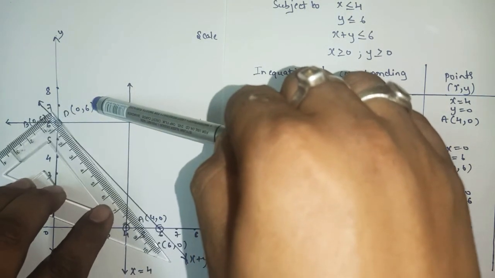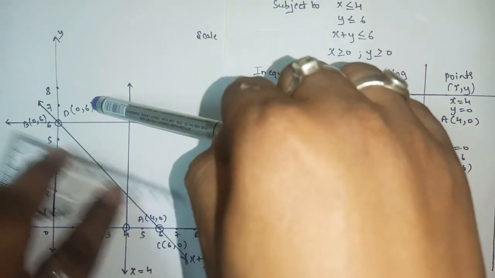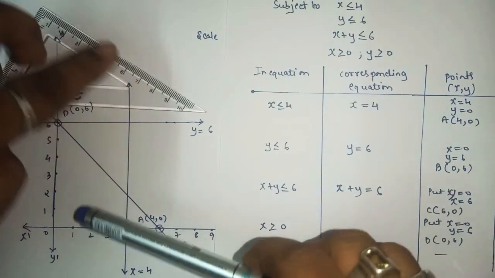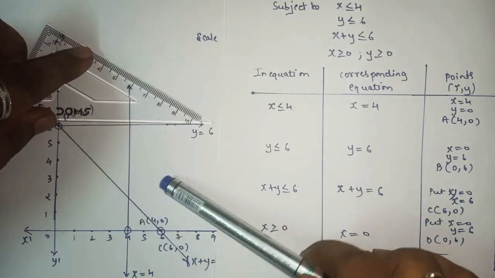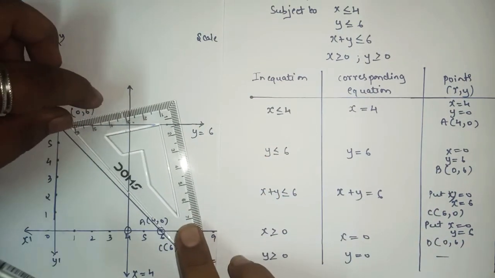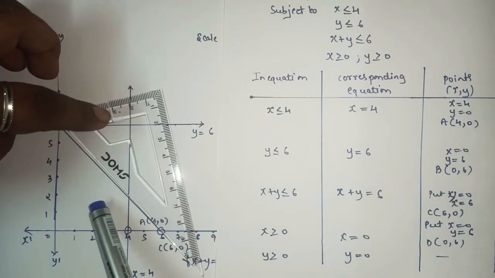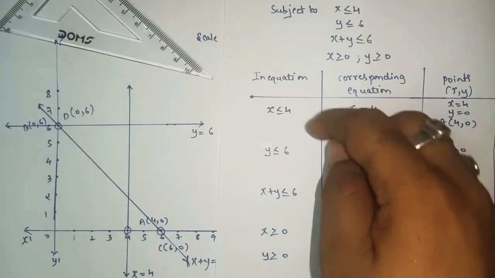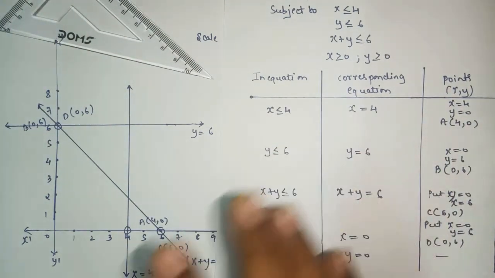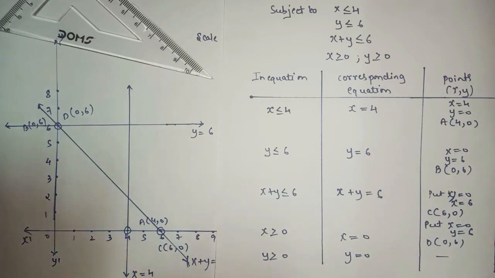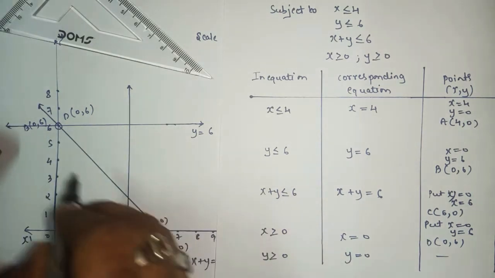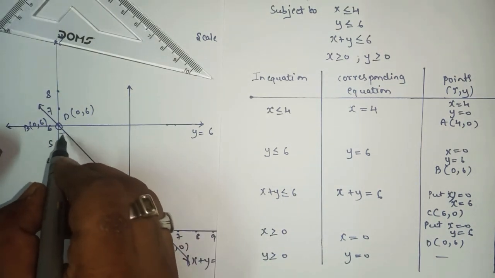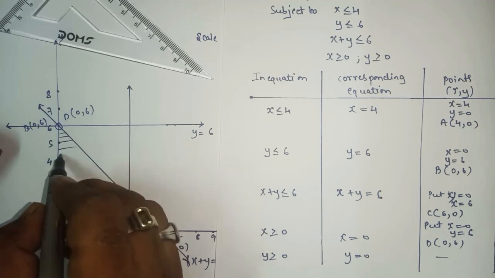For the second one, 1 2 3 4, and for this 1 2. So for all the 3 linear inequations, clearly we can see that the common region for all the 3 was this section, this part.